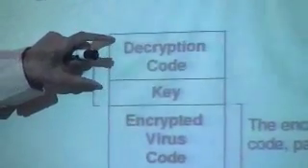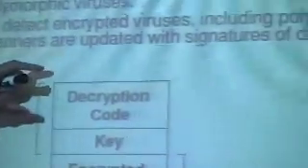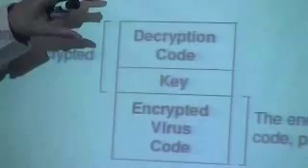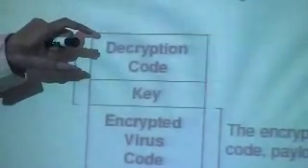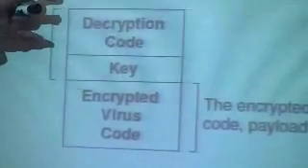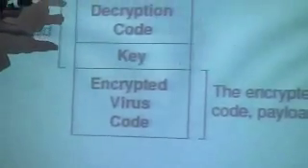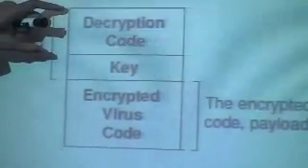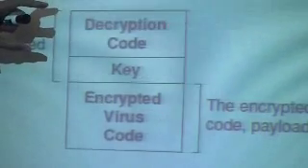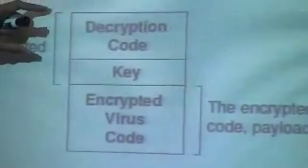Now still there's a kind of catch that they have to take care of. What is that? The decryption code. Any antivirus scanner can be programmed with the decryption code of all common encryption algorithms, say DES or RSA or any encryption algorithm that you come across.